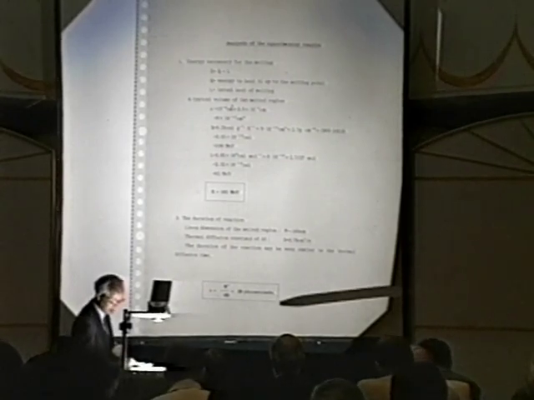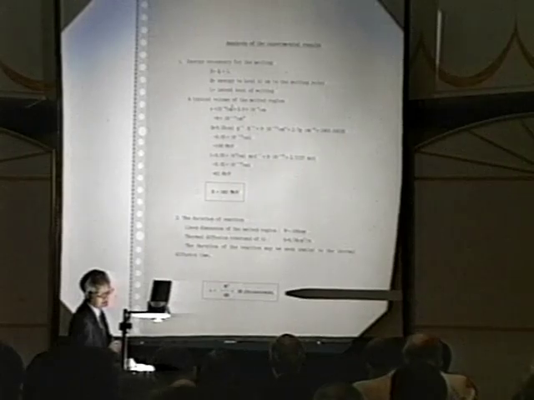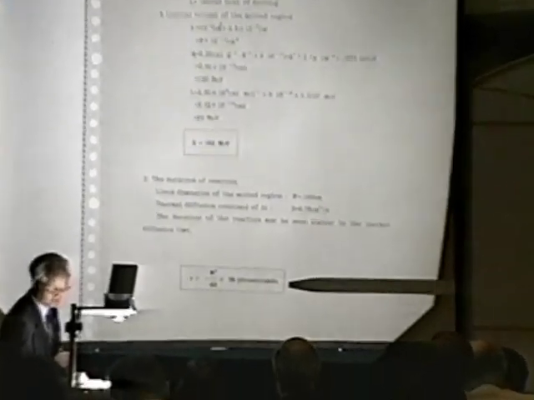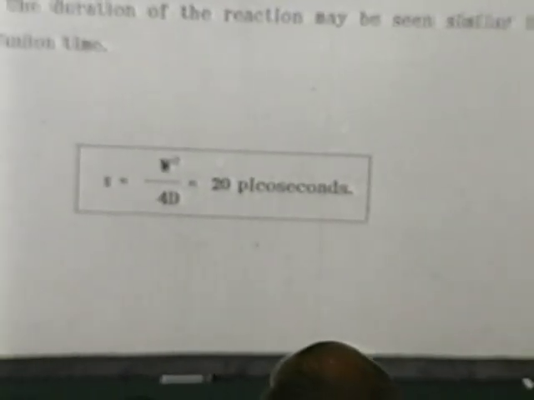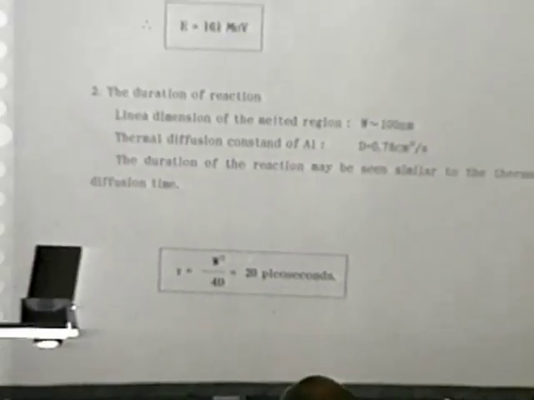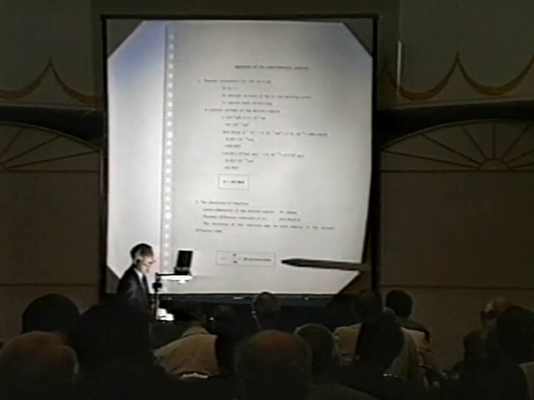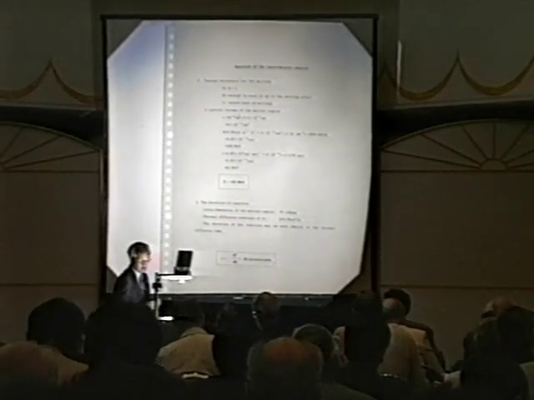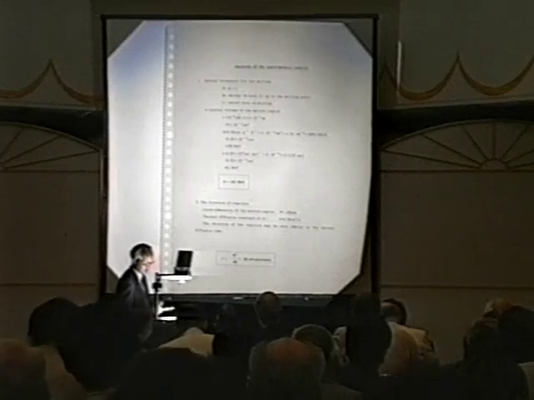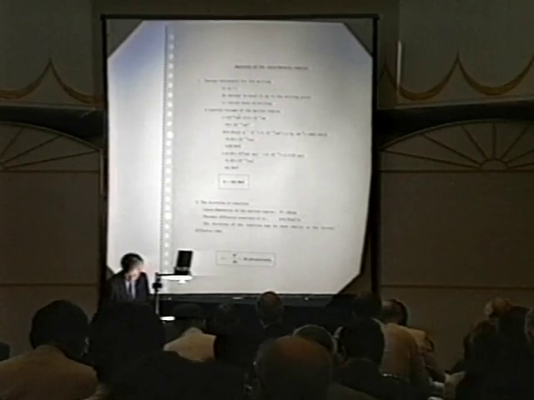It's a very rough estimation, but it becomes about 20 picoseconds. It means that if the reaction continued for a longer time, the speckled region should spread more. So we consider roughly the duration of the reaction, or it should be less than this, 20 picoseconds.